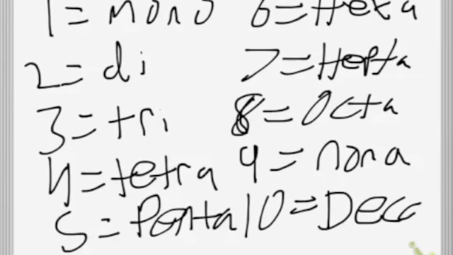So these, 1 through 10, are probably the ones you'll use most. And so you go monohydrate, dihydrate, trihydrate, tetrahydrate, and so on.